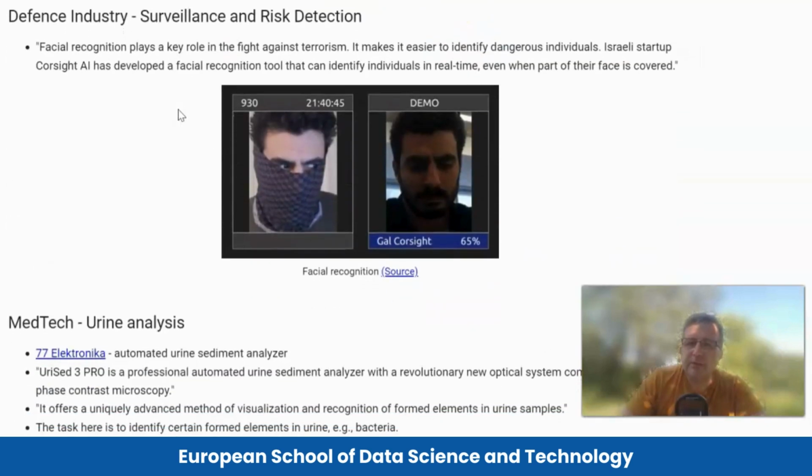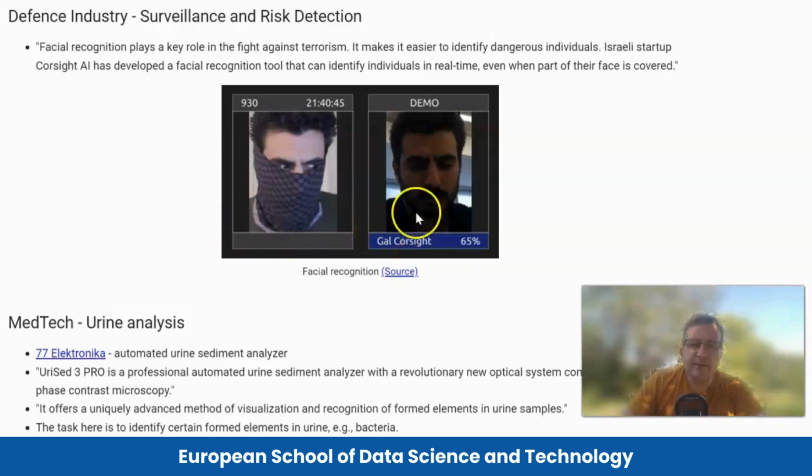And another problem for the defense industry: imagine that you are working for an intelligence agency and you want to find the bad guys. You have a lot of images from the internet, from online sources like social media, for example. And you have pictures of someone who is willing to do something bad, and you have to find this guy.